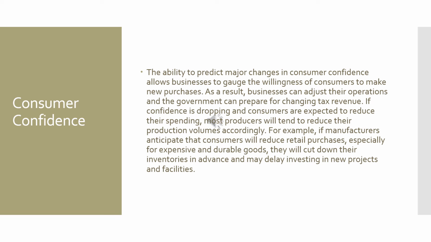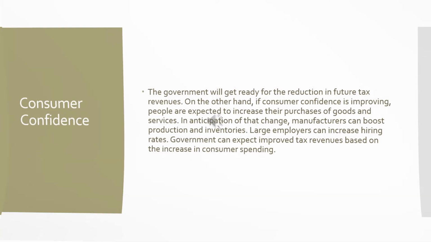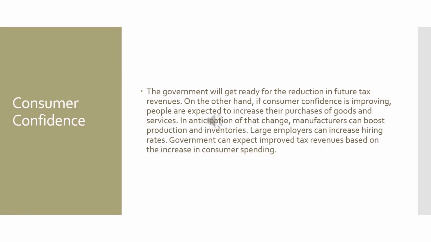For example, if manufacturers anticipate that consumers will reduce retail purchases, especially for expensive and durable goods, they will cut down their inventories in advance and may delay investing in new projects and facilities. The government will get ready for the reduction in future tax revenues.